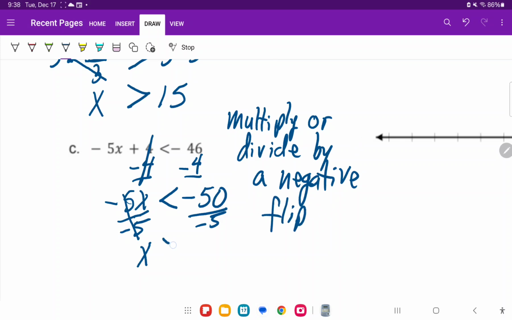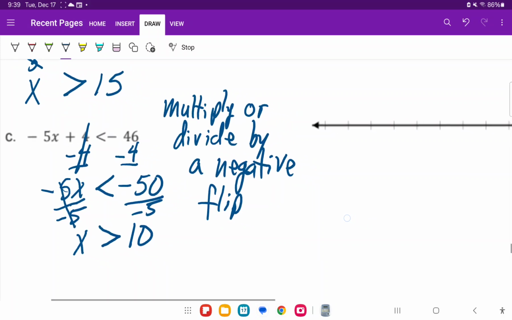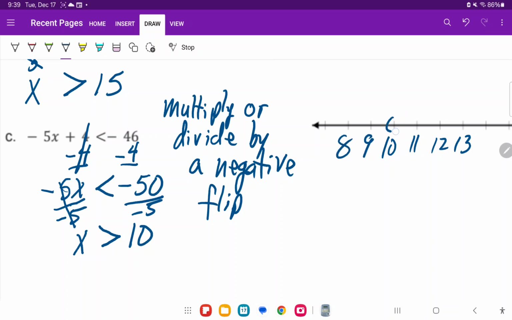So this is going to be greater than 10 because we divided by a negative, okay? So we had to flip it that time. So x is greater than 10. So we're going to go 10, 11, 12, 13. This would be like 9, 8. It's an open circle again, and it's going in the greater than direction.